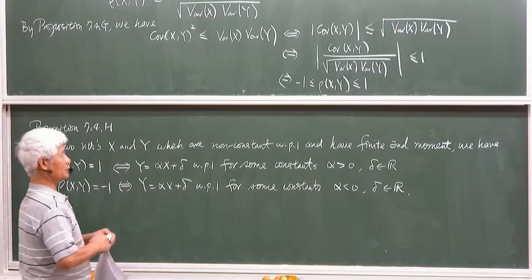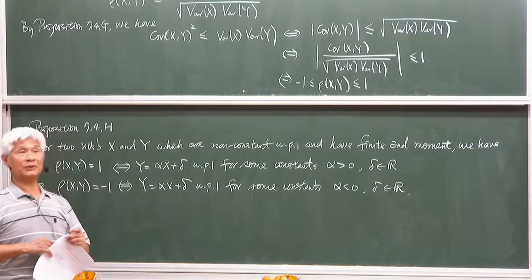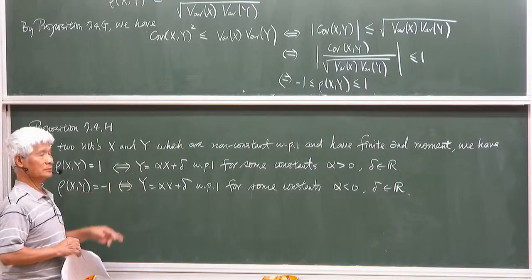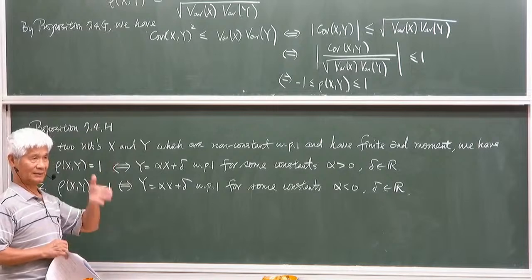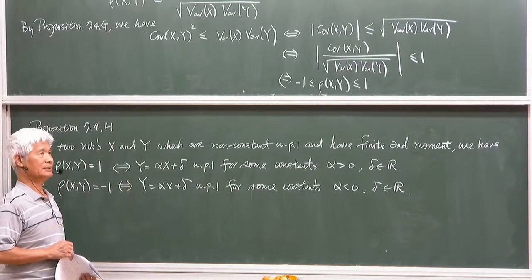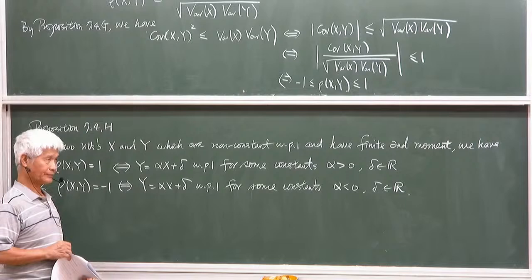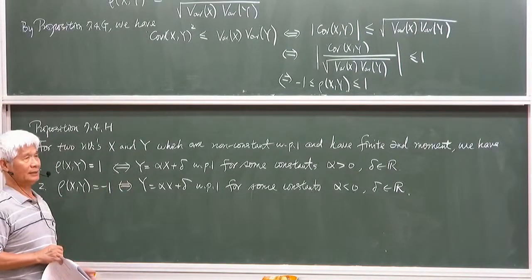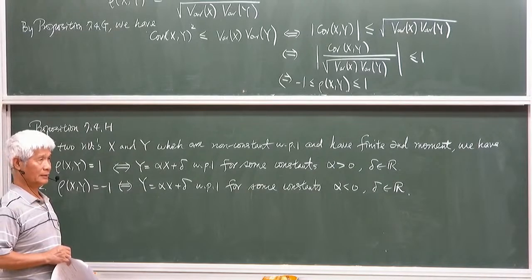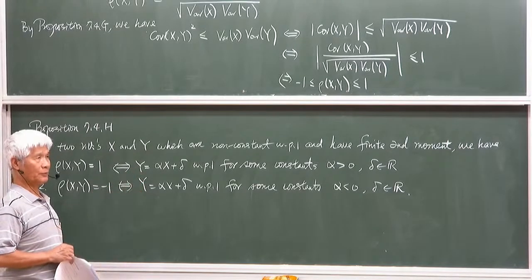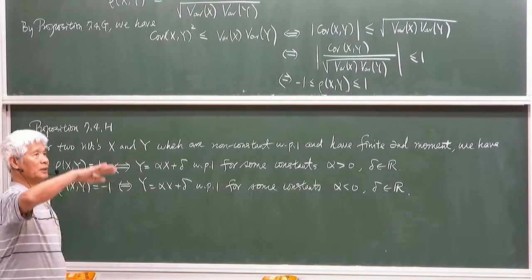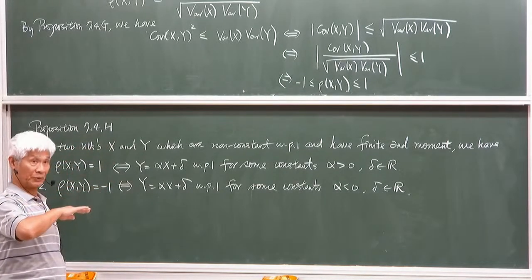In linear algebra, you learned how to use the least squares method, right? To fit the data. If the mean square error is quite small, then you can say that these two variables X and Y are linearly related, and you will find a so-called regression line.